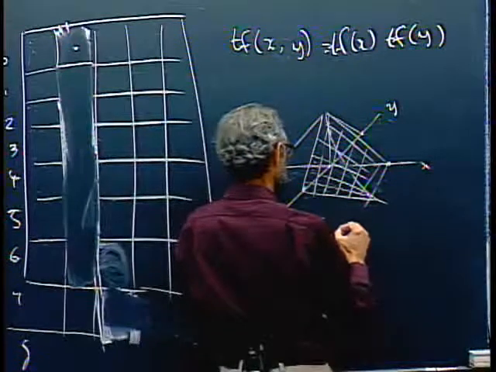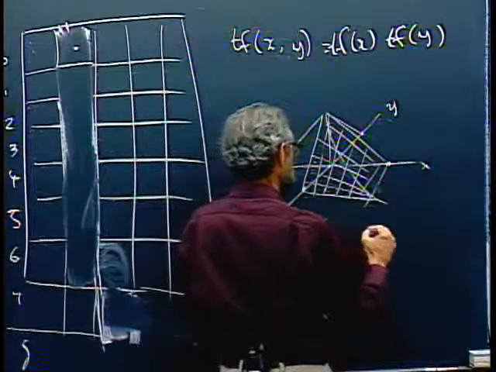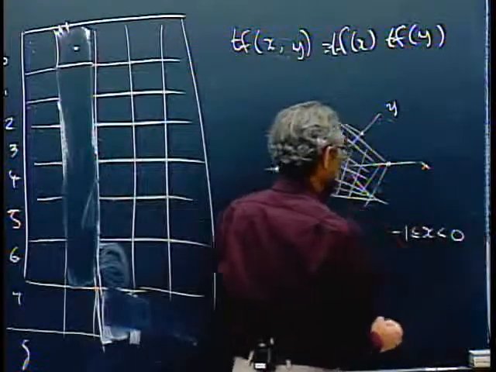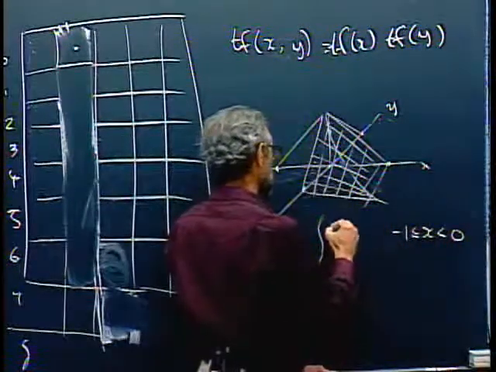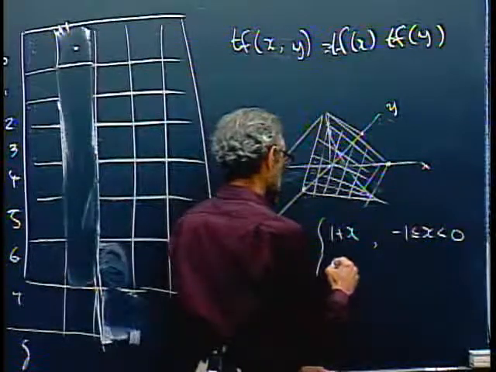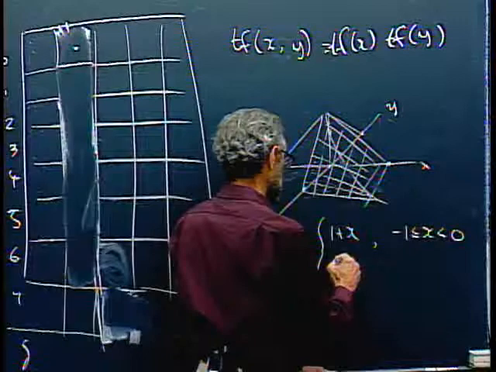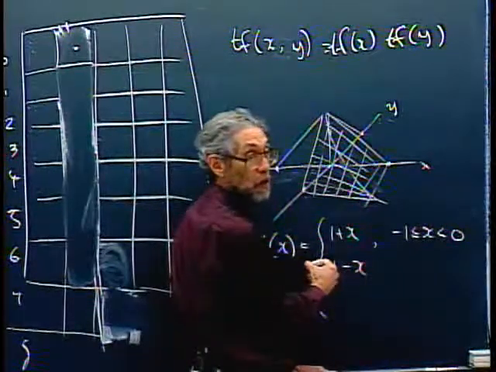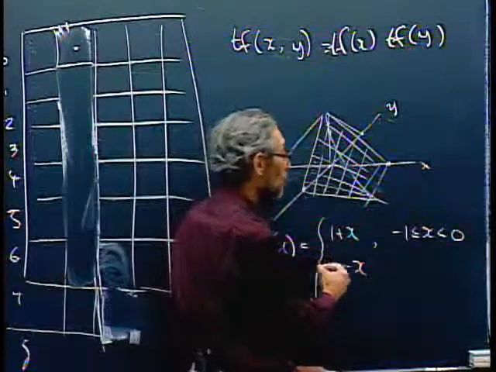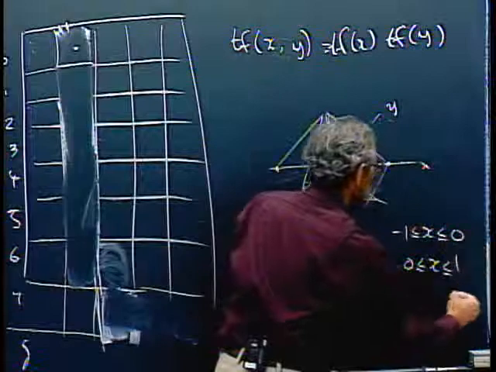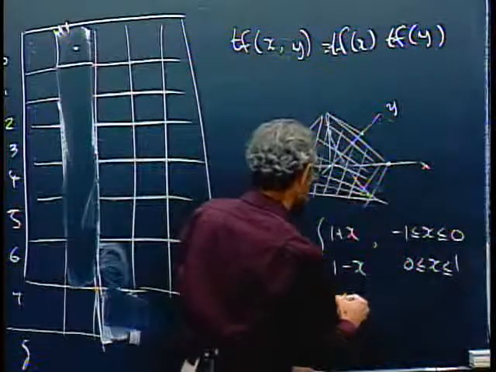Between -1 less than or equal to x less than 0, it had to increase to 1. So I think that's 1 plus x. And then 1 minus x is going to decrease from 1 to 0 as x goes from 0 to 1. These agree at 0, and it's 0 otherwise.